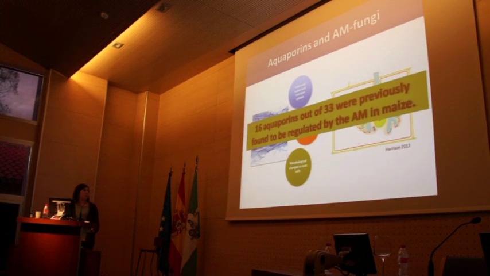So in this context, 6 aquaporins out of 33 were found, previously to this project, to be regulated by the mycorrhiza in maize. And this regulation was different under different drought stresses.